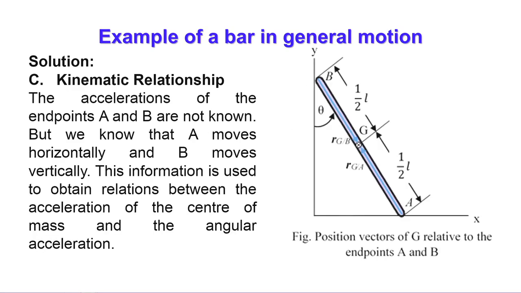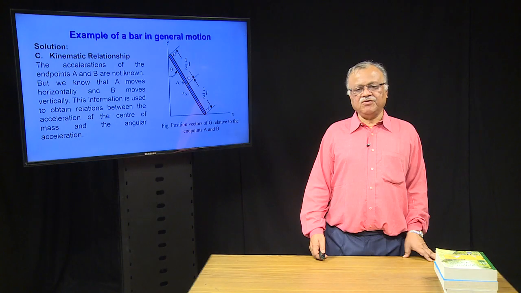Now, for the kinematic relation, the accelerations of the end points A and B are not known, but we know that at the wall the acceleration is in the perpendicular direction, and at the floor the acceleration is in the horizontal direction.